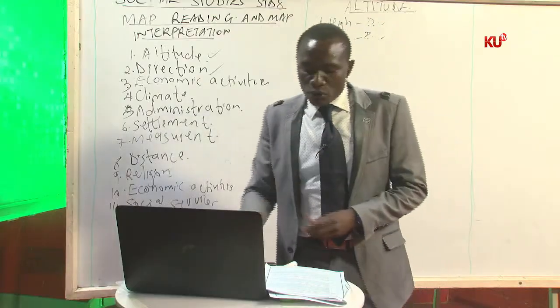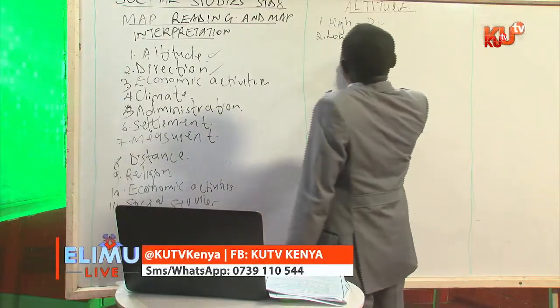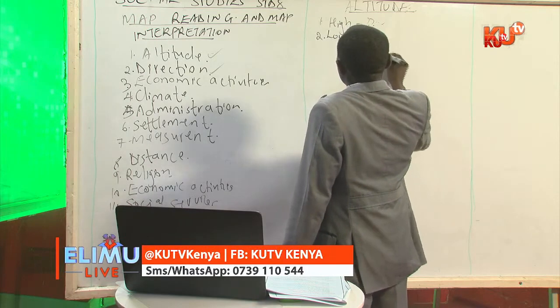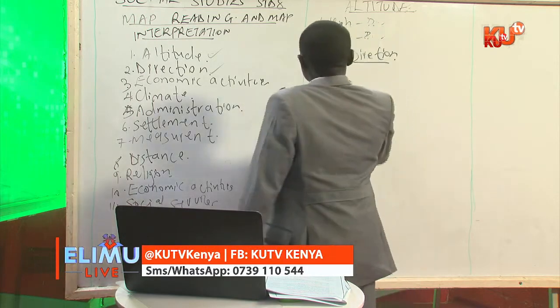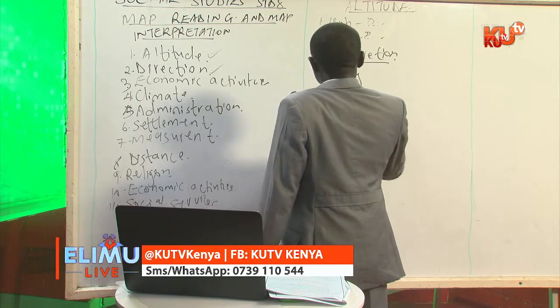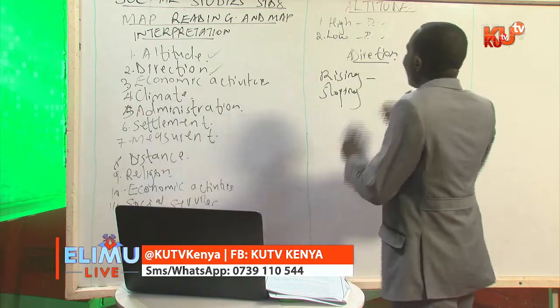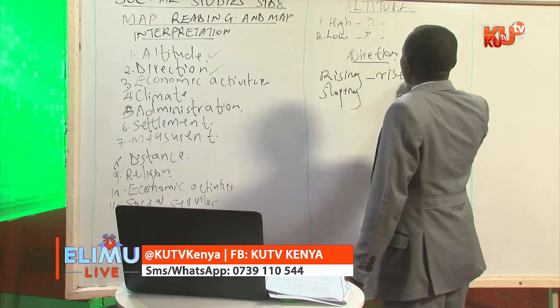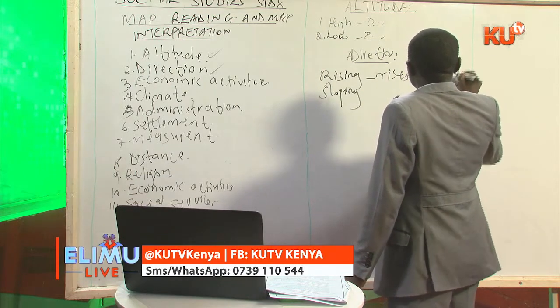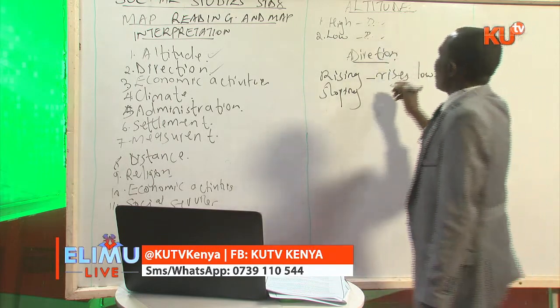Still on the same, we'll be looking at how you will know the rising and the sloping of the land. Normally, land rises from an area of low altitude to an area of high altitude. We have already handled it here.